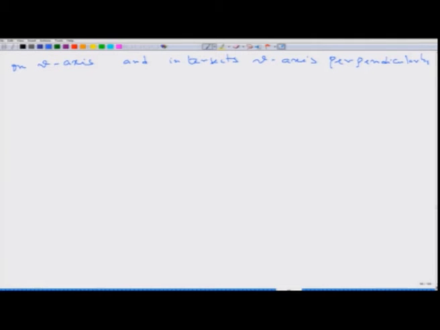So, if I draw this in the WV plane, this is w equal to 1, this is the W axis, V axis. The geodesics look like this, part of this semicircle.